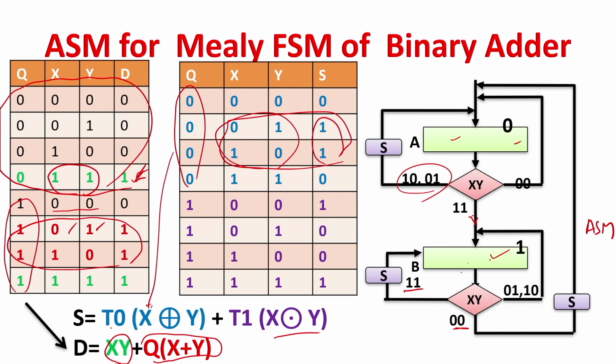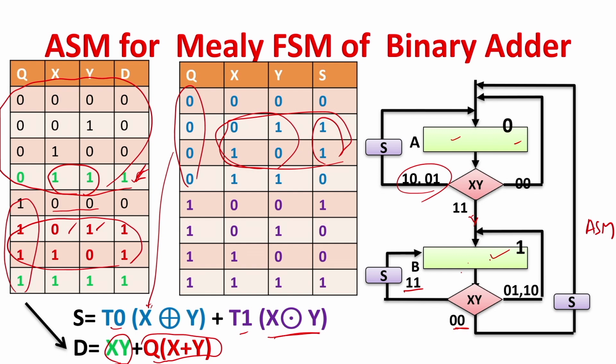So, if you are in state 0, then x or y will result in S equal to 1. If you are in state 1, that means T1, then x NOR y, the 0 0 case and the 1 1 case, will result in output S equal to 1. Okay, this is how we can implement.